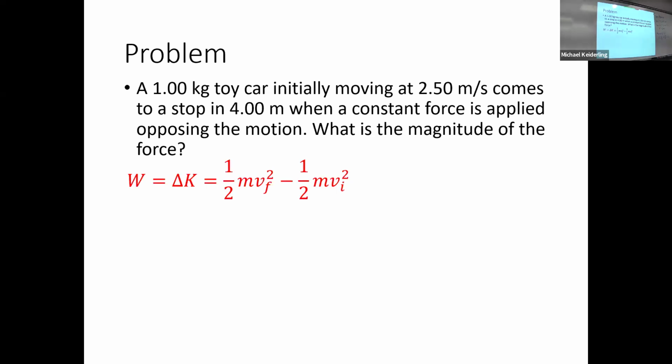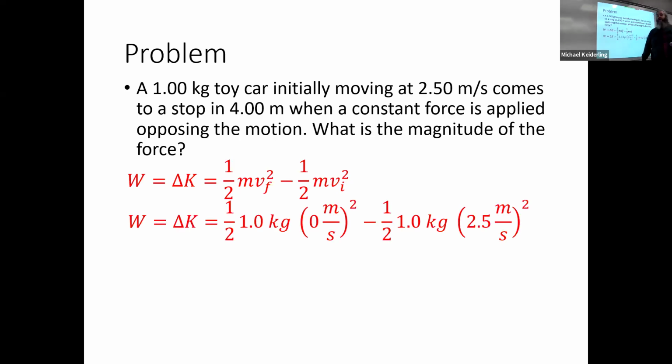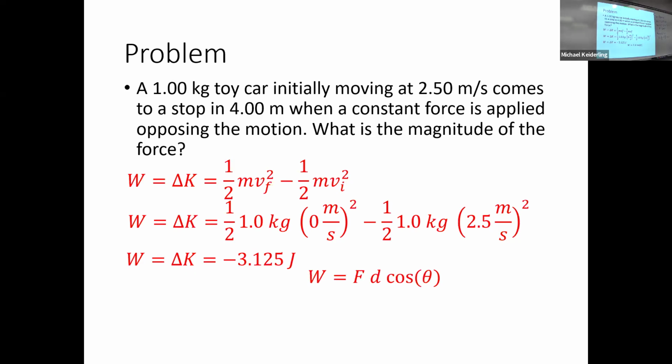So here, work is the change in kinetic energy, which is 1/2 m v final squared minus 1/2 m v initial squared. That's 1/2 times 1 kilogram times 0 meters per second squared minus 1/2 times 1 kilogram times 2.5 meters per second squared. So the work is going to be minus 3.125 joules. Work is force times distance times cosine of theta.